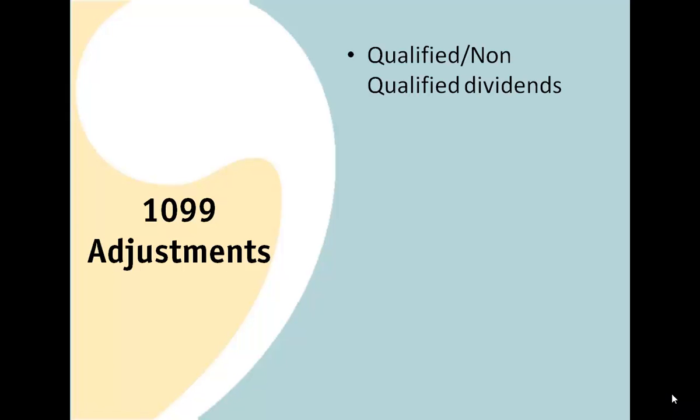There might be slight changes to make sure qualified dividends are being correctly reported, especially if you own mutual funds. Some mutual fund dividends are qualified and others are not. If you have had distributions from mutual funds and REITs, and even from some stocks, some of the distribution amounts may need to be reclassified.